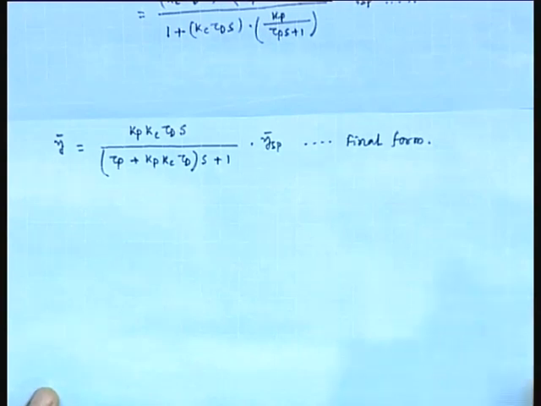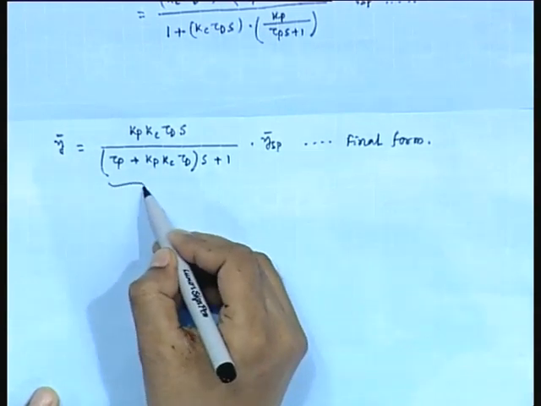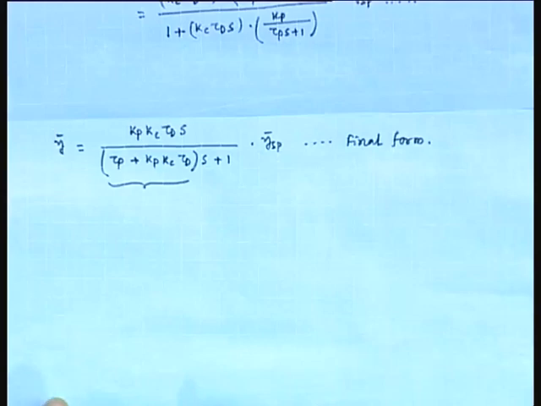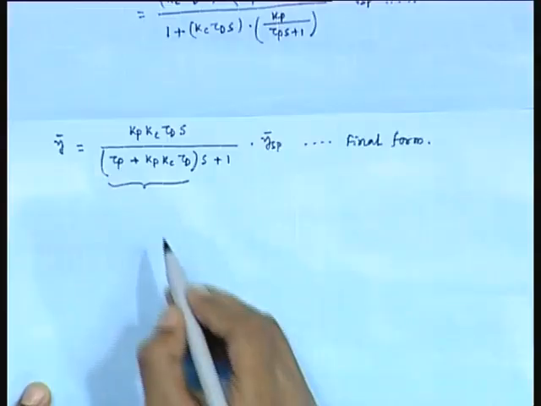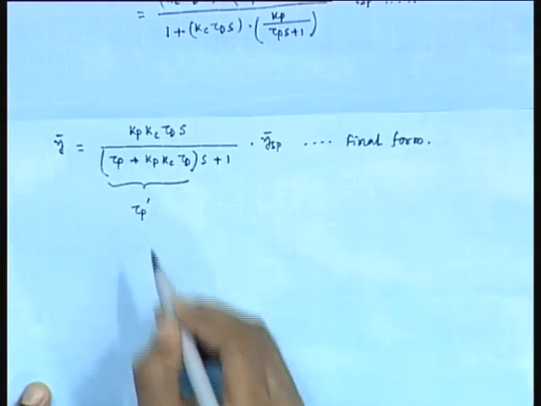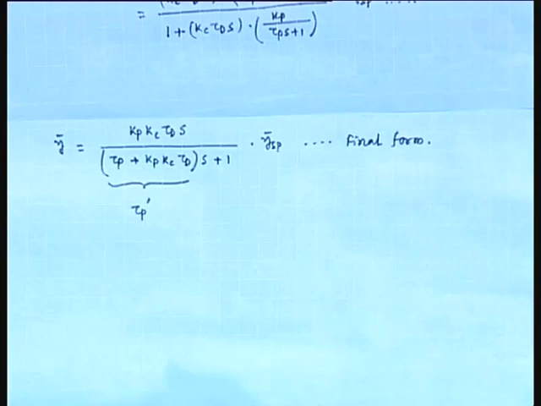Now, this is the time constant of the closed loop transfer function. So, we can call this time constant the effective time constant, denoted by tau p prime.